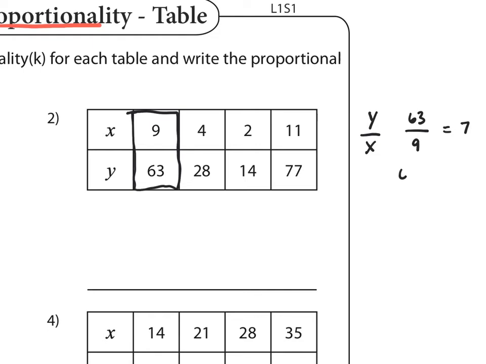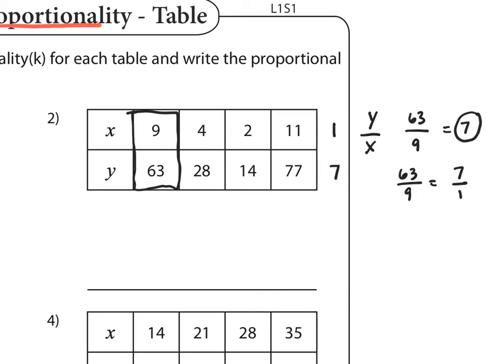But I also want to acknowledge that this 63 over 9 could also be written as 7 over 1. That's important because 7 would be a Y value and 1 would be the X value. So these are equivalent, like equivalent fractions. So 7 would be considered the constant of proportionality, simplified.